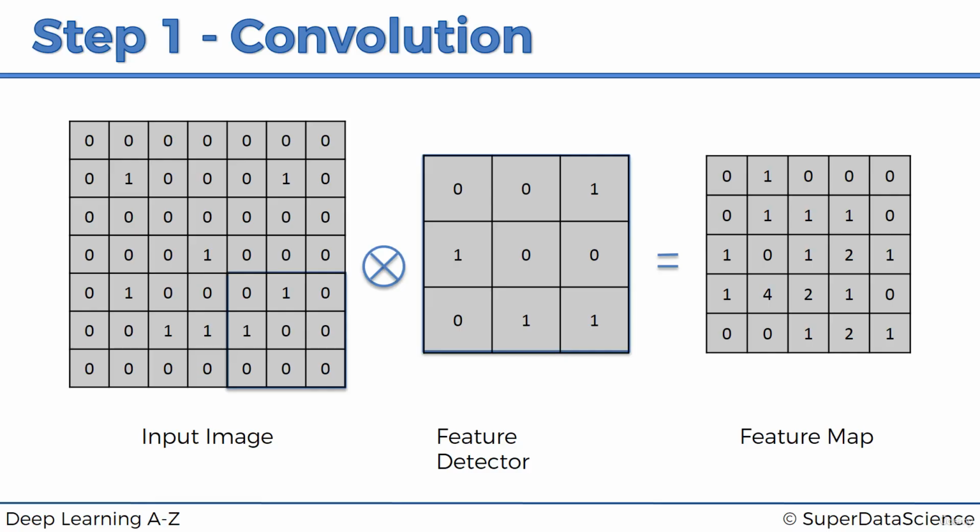The highest number in your feature map is when that pattern matches up. In fact, the highest number you can get, in this simplified example, is when the feature matches exactly. You can see that number 4 in our feature map is exactly where this feature detector, because there are only 4 ones in it, matched perfectly.